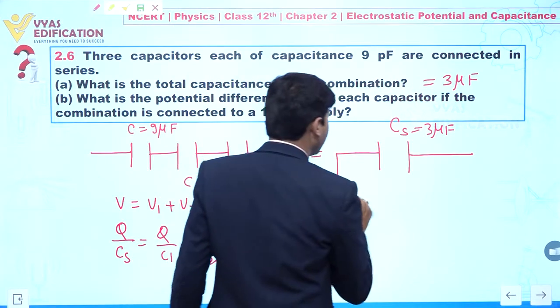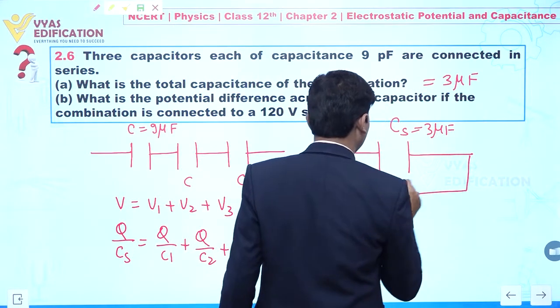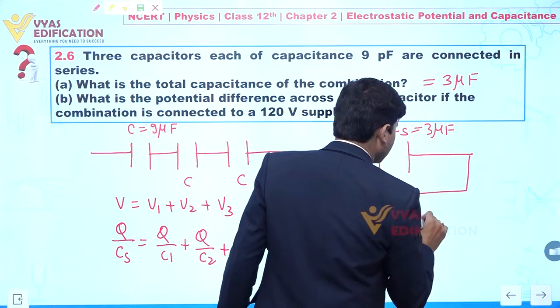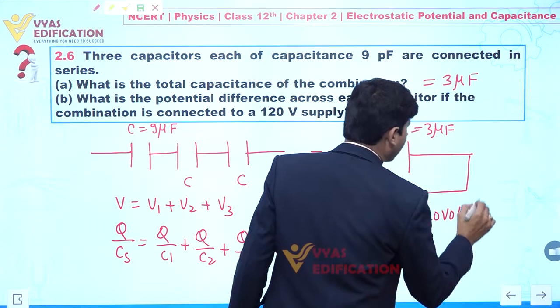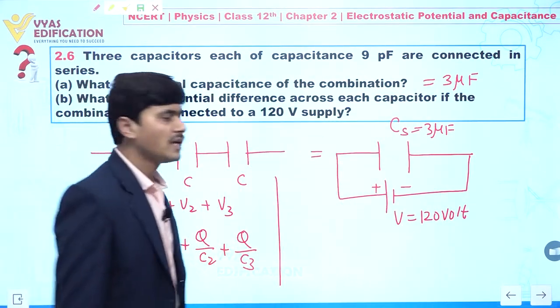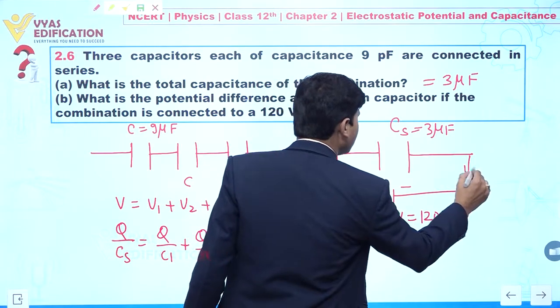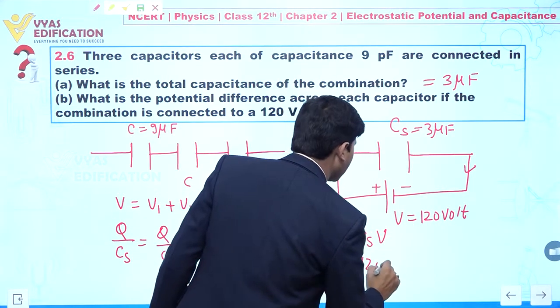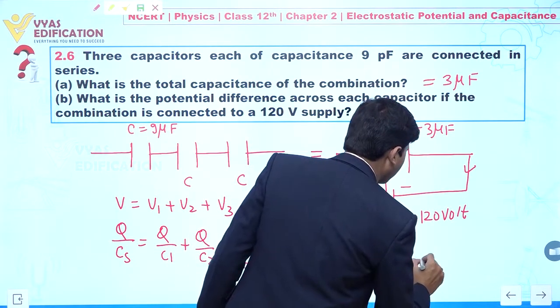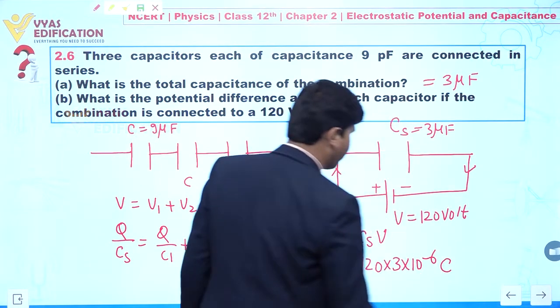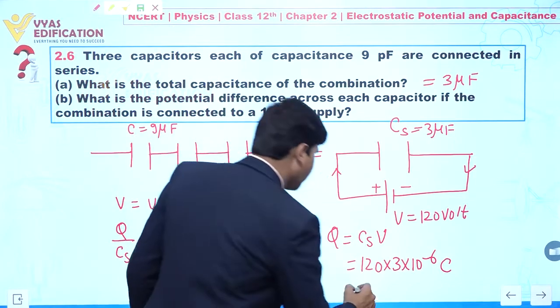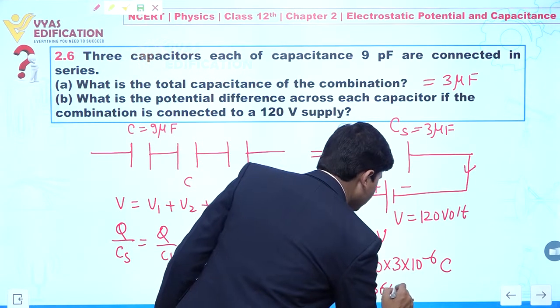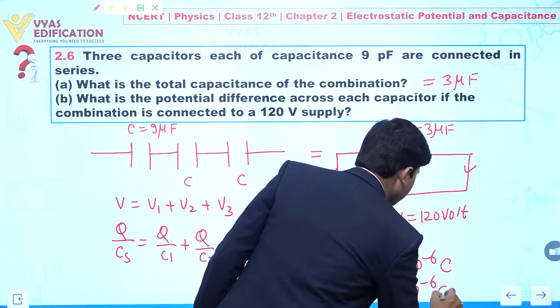Can we find the value of Q? Yes. We can write Q equal to CS into V, which is 120 into 3 into 10 to the power minus 6 coulomb. From here this equals 360 into 10 to the power minus 6 coulomb.